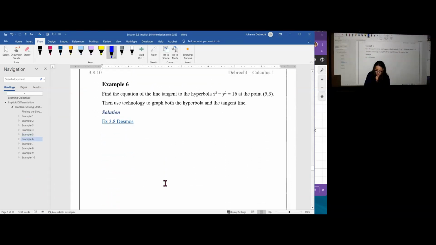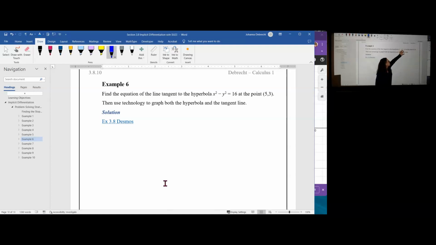In example 6, you want to find the equation of the line tangent to the hyperbola at the point (5, 3). When we're looking at this one, we have an implicit formula, x squared minus y squared equals 16. And we want the tangent line at the point (5, 3).